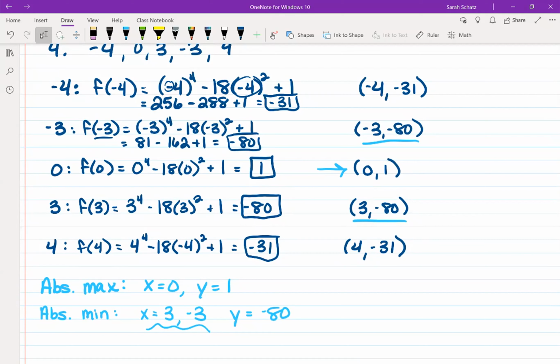Here's a good one. Let me check this one. Make sure it works the way I want it to work. And then I'll write it down for us.